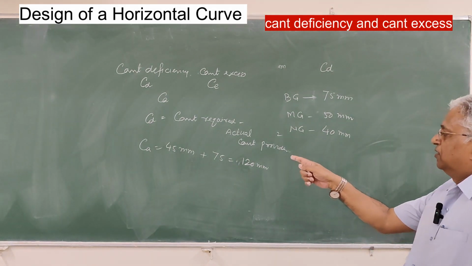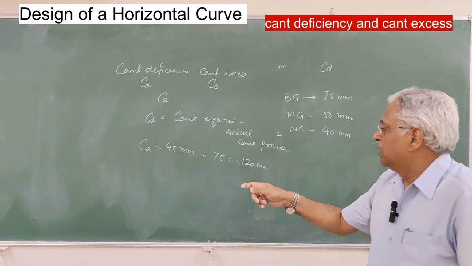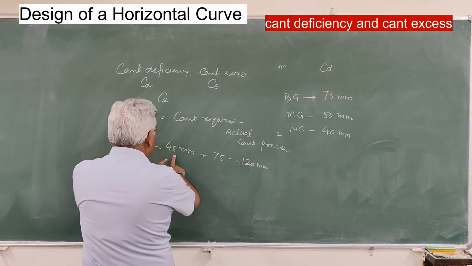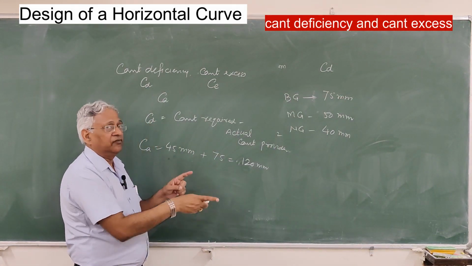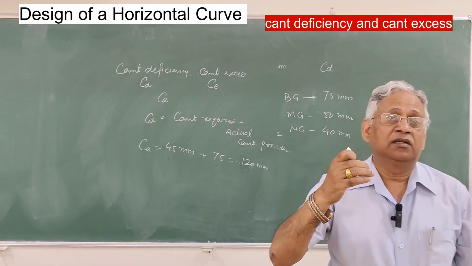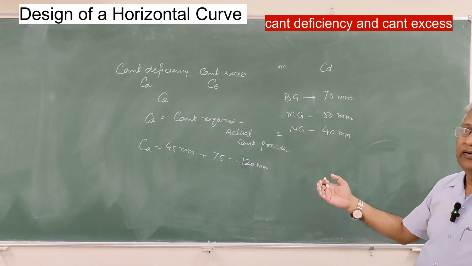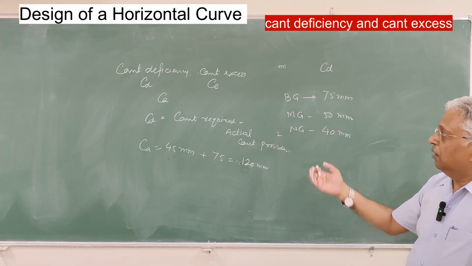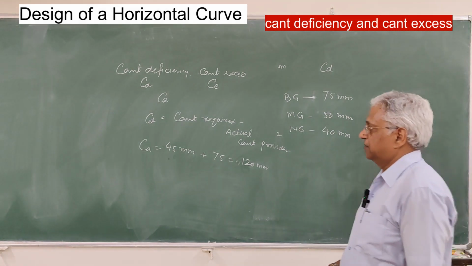That is the meaning of the Cant deficiency. Actual Cant is 45 millimeter, Cant deficiency 75 millimeter, and therefore you can maintain a speed which will require a Cant of 45 plus 75 millimeter.